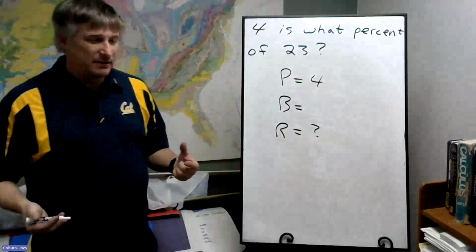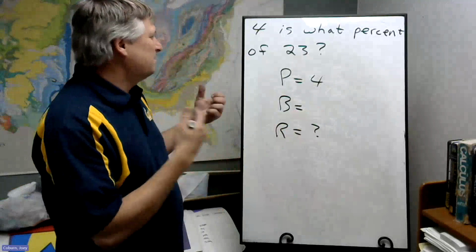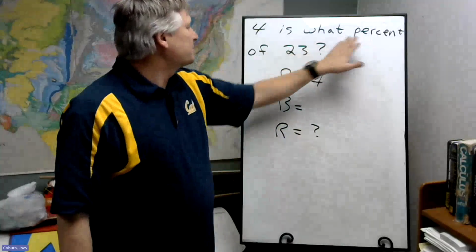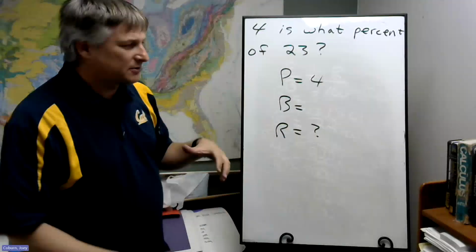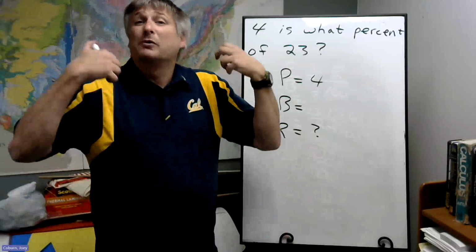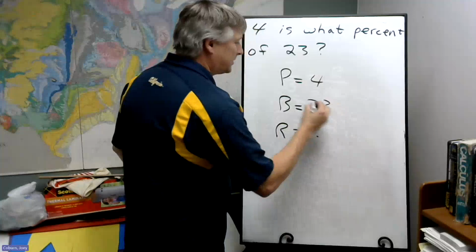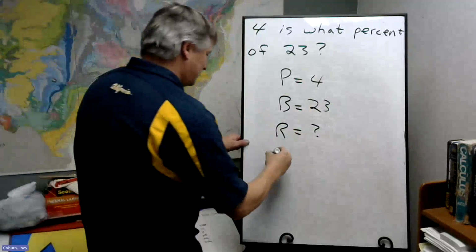And by process of elimination, we might be able to say, okay, base is 23, but you could check this conceptually. 4 is what percent of 23? Something's being taken out of 23 or something about 23 is being studied. We're starting with 23. 23 becomes our base.